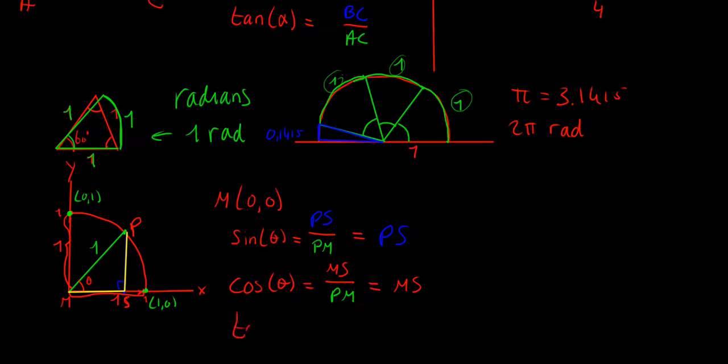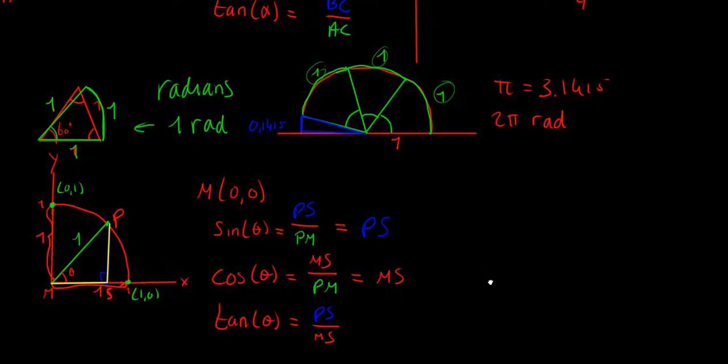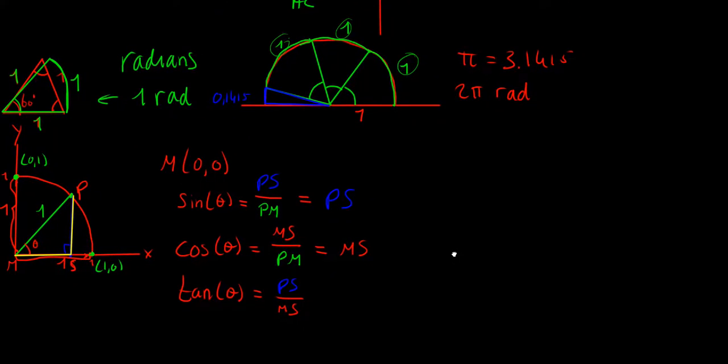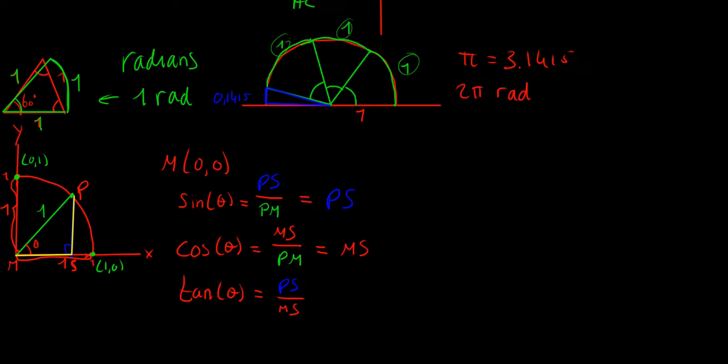Our tangent, of course, is just the opposite side, so that is PS divided by the adjacent side, which is MS. And this is just a ratio and nothing more special than that. And this is very good. And for some specific angle values, we actually know what these x and y values should be.